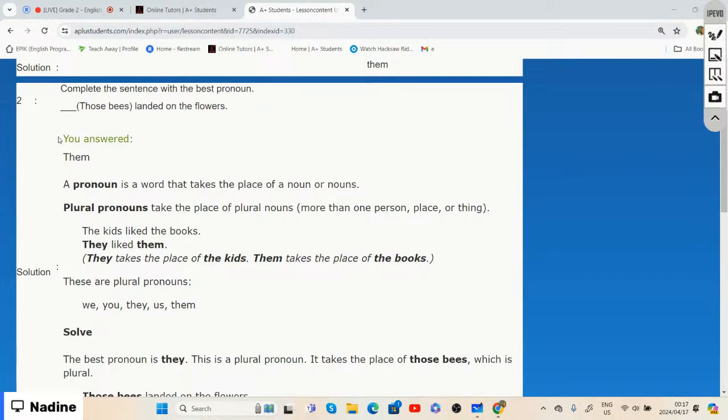So those bees, we need to replace the words those bees with pronouns.